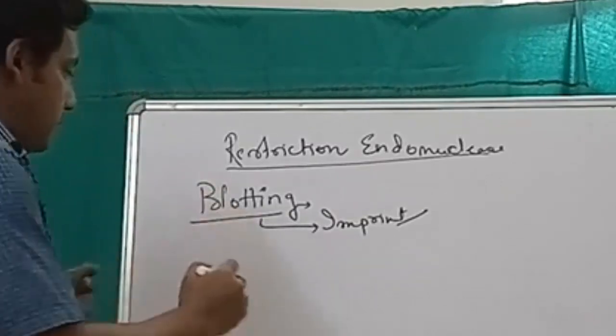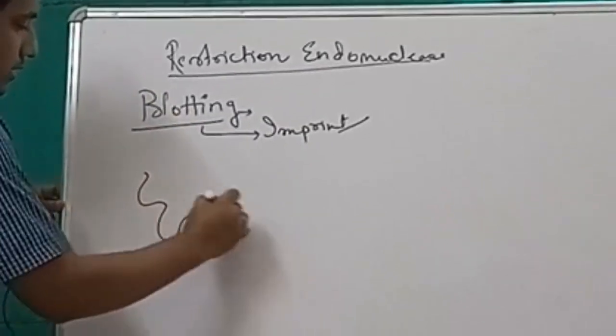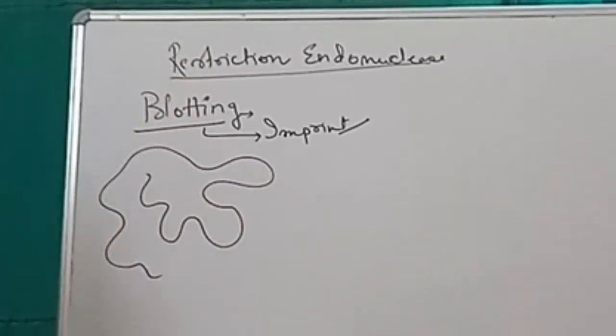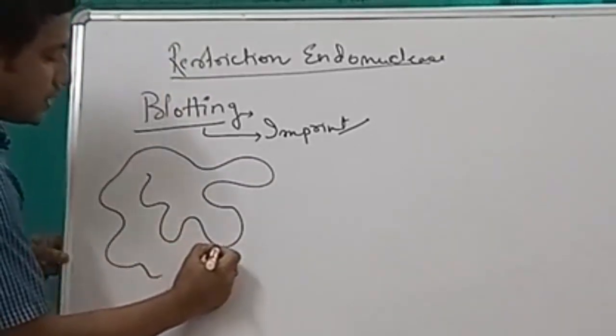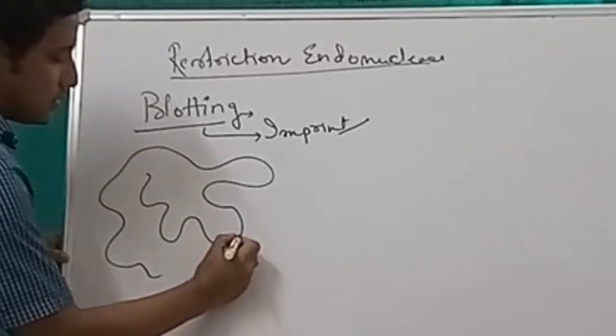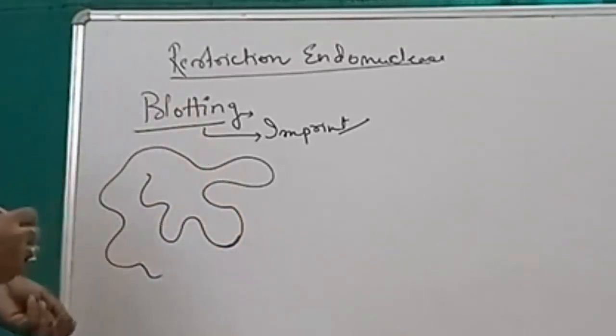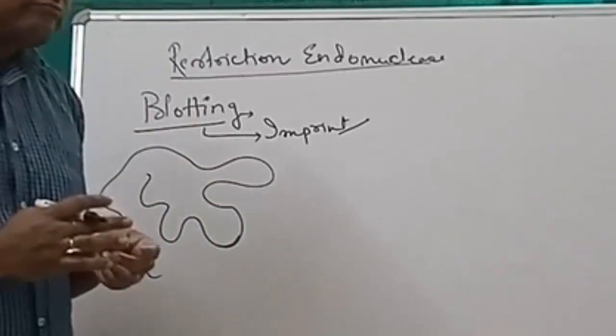Suppose this is a length of DNA and you are concerned with finding the gene of interest. Suppose this is a place which you want to identify and isolate, isn't it?